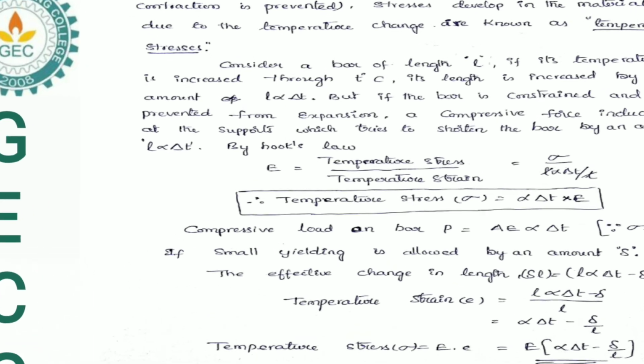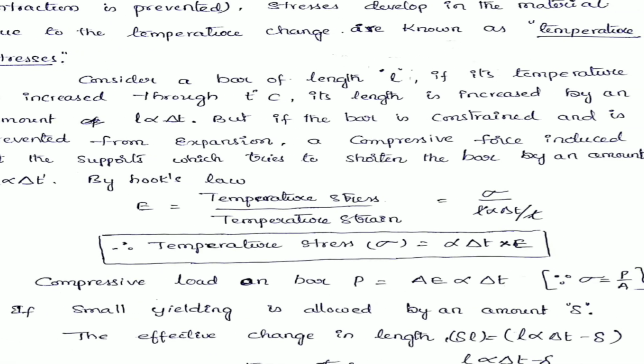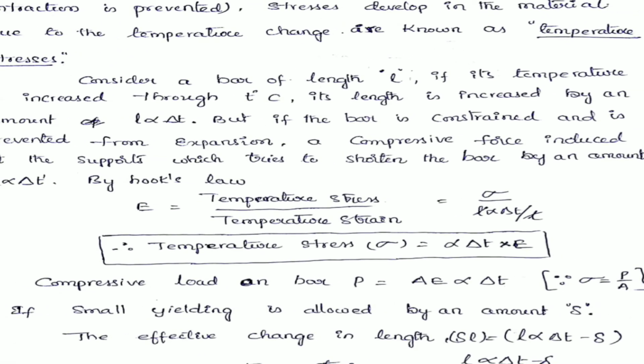Next, temperature stresses. Consider a bar of length L. If its temperature is increased by T degrees centigrade, its length is increased by an amount proportional to L delta T. But if the bar is prevented from expansion, by Hooke's law, E is equal to temperature stress by temperature strain.